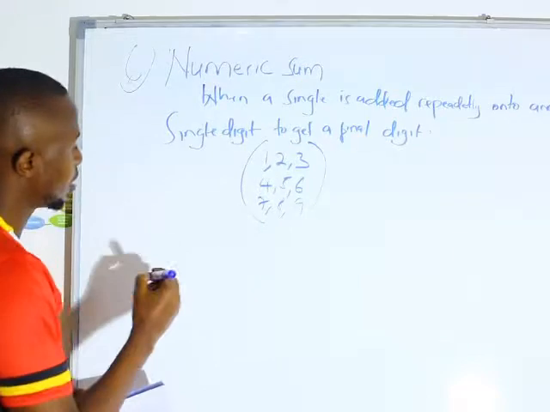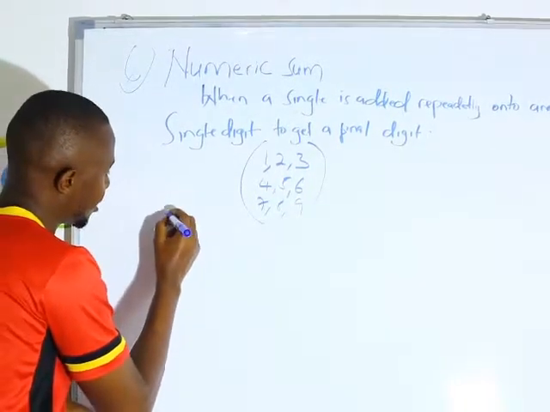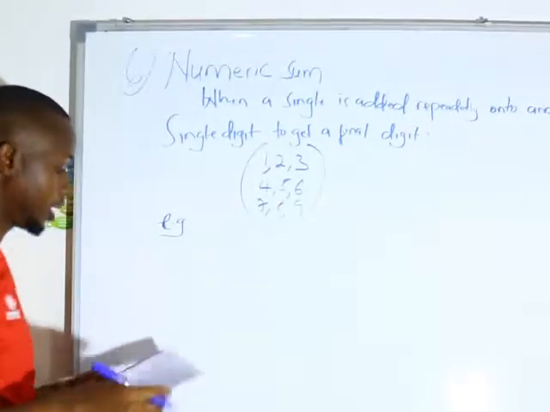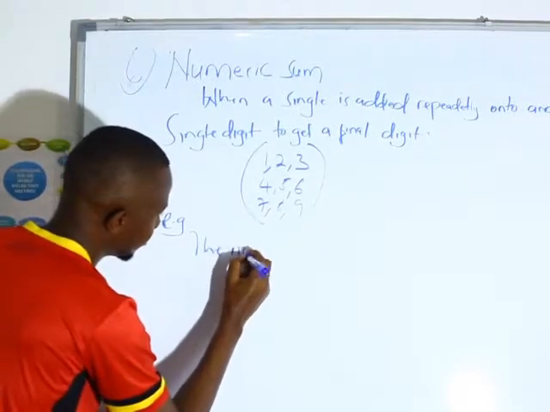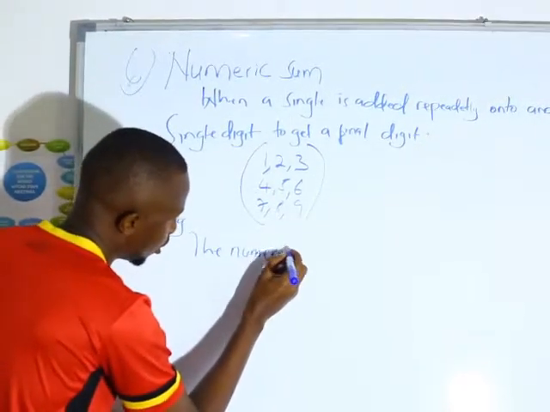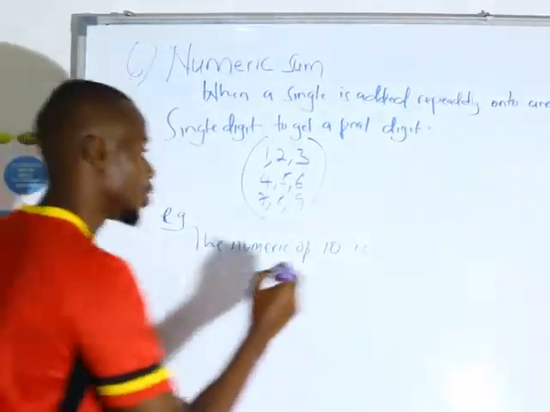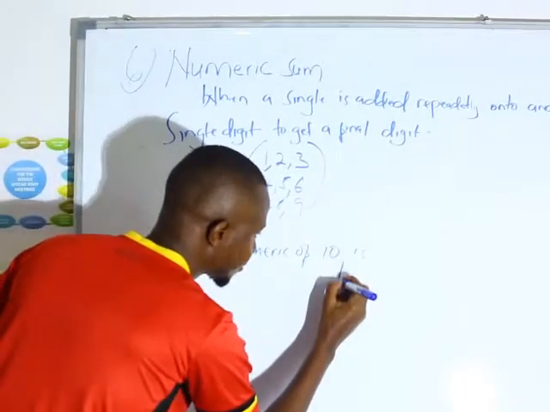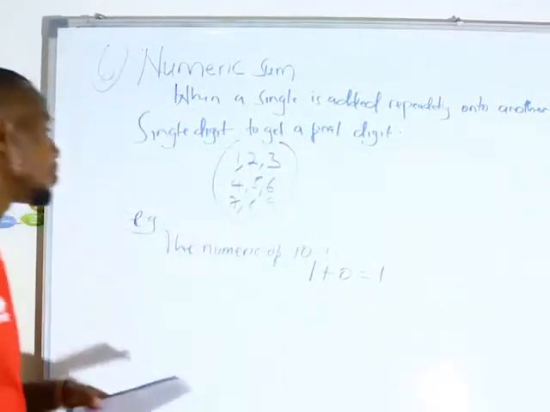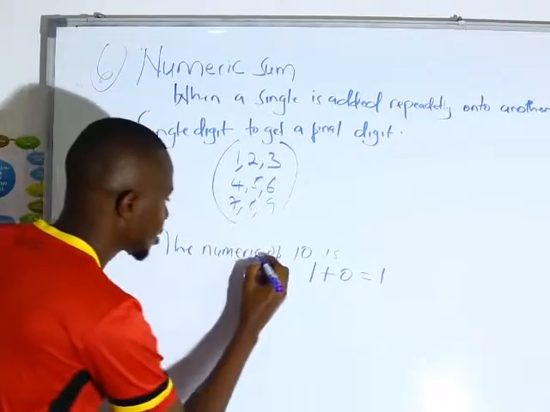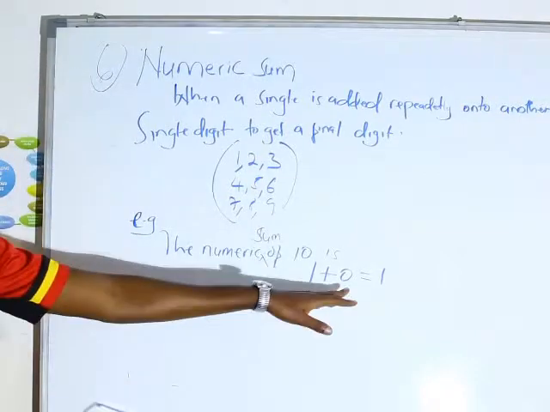So let us look first at the numeric sum. How do we find the numeric sum? Iggy, the numeric sum of 10 is 1 plus 0, which equals 1. The numeric sum of 10 is 1.